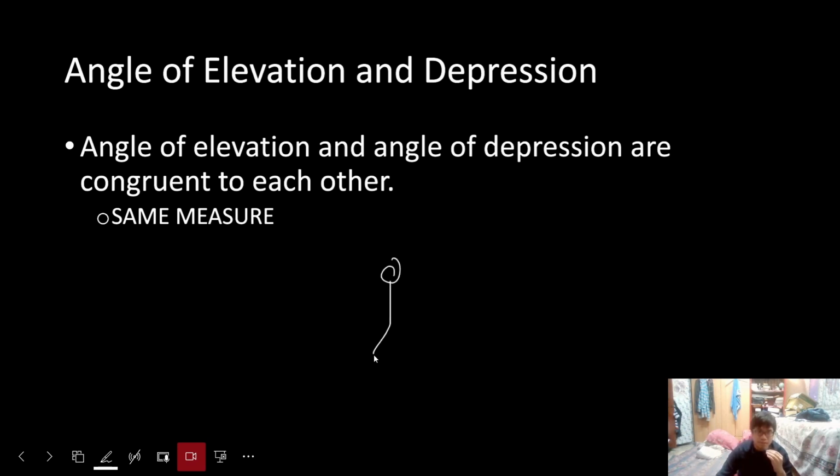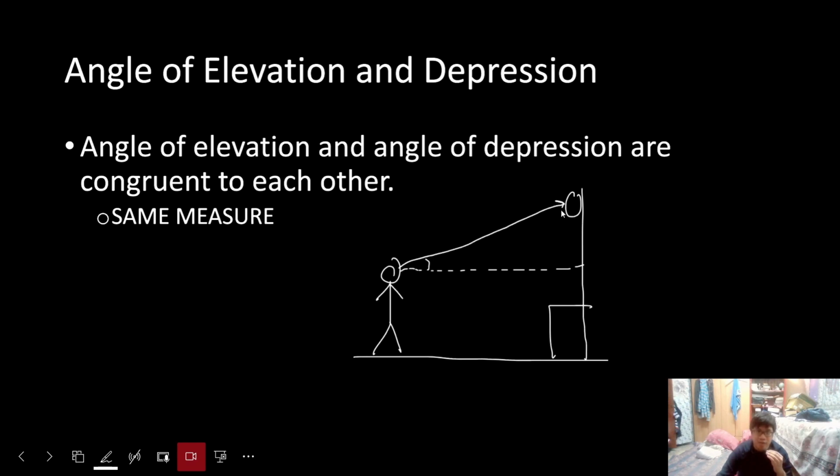Okay, so let's relate it to angle of elevation and depression. Let's relate it to our previous example in our first video about angle of elevation and depression. There is a clock and there's a box, and this is your horizontal view. If you look up just to see the clock, you will form an angle of elevation.